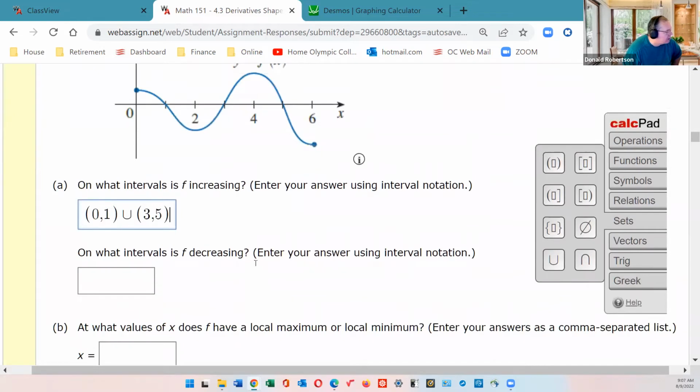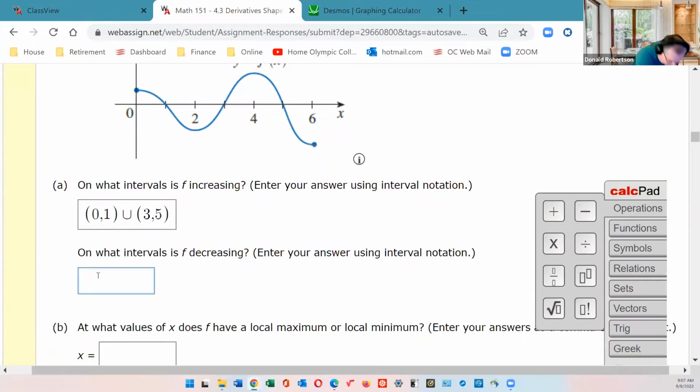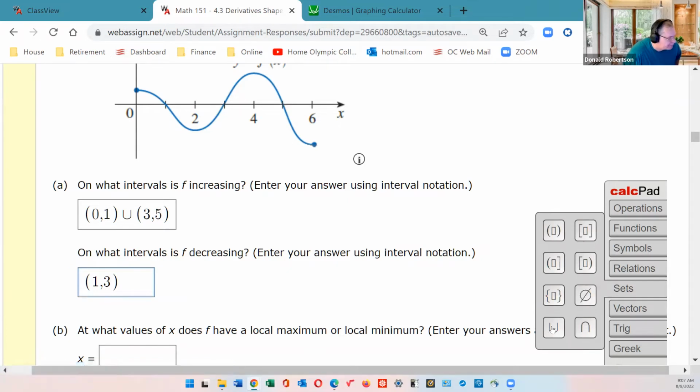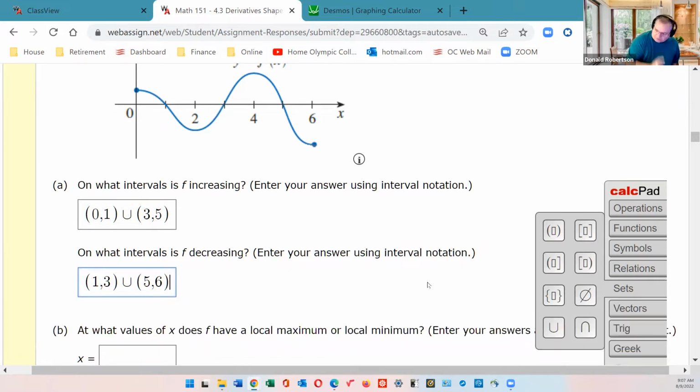So would you agree that for x from 1 to 3, it's decreasing, and from 5 to 6 as well? That makes sense? First derivatives tell you all about increasing and decreasing.